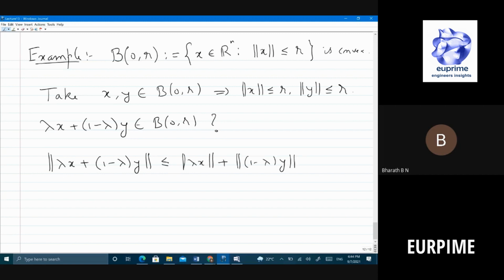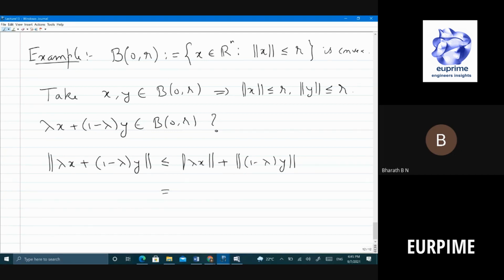So what is the next step? Norm of lambda x is what? Can I do that all the time? Norm of alpha x is mod of alpha times norm of x, it scales by alpha.